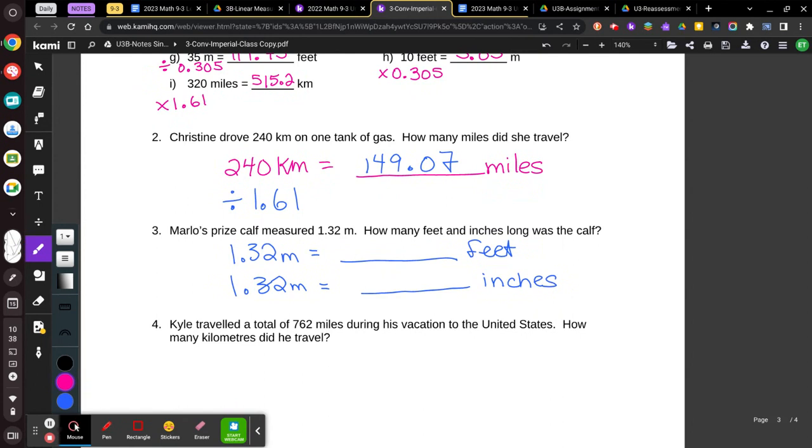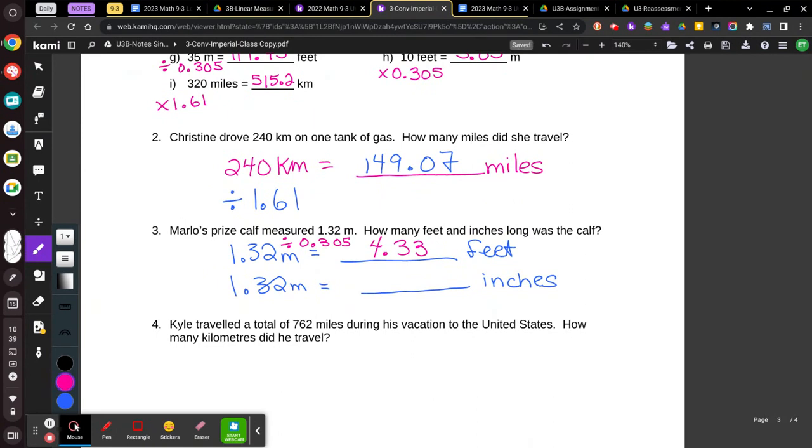We want meters to feet. Going meters to feet, I am dividing by 0.305. So 1.32 divided by 0.305 is going to give me 4.33 feet. We want two decimal places.